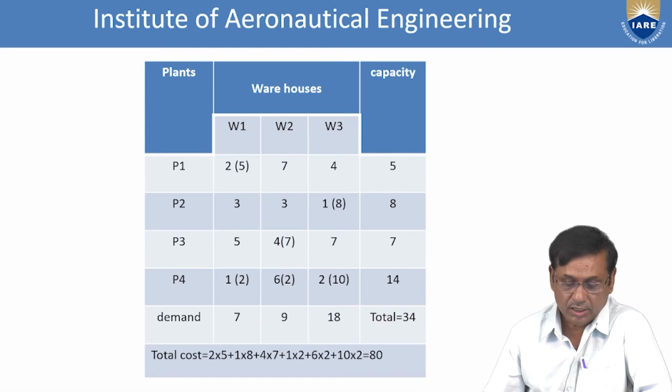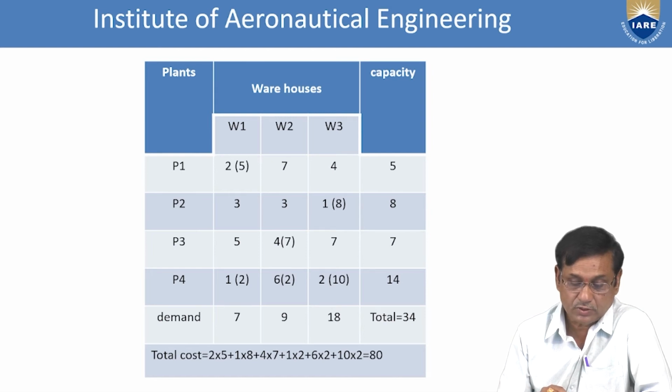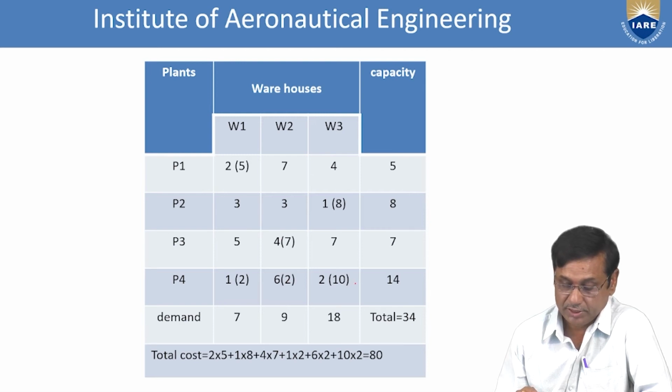So this is the initial feasible solution, and the cost corresponding to this is 80. So we allotted in the first element 5 units, in the second row third element 8 units, in the third row second unit 4 elements, and fourth row first element 2 units, second element 2 units, and third element 10 units.